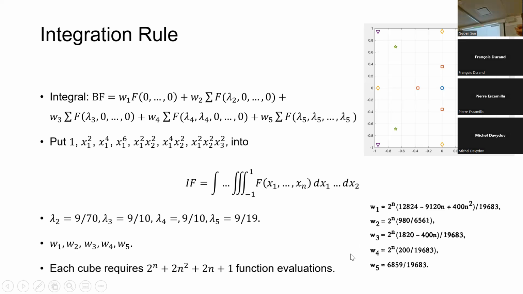So you can develop a general solver. This is independent from the function you want to approximate or the function you want to do the integration. This is a general solver.